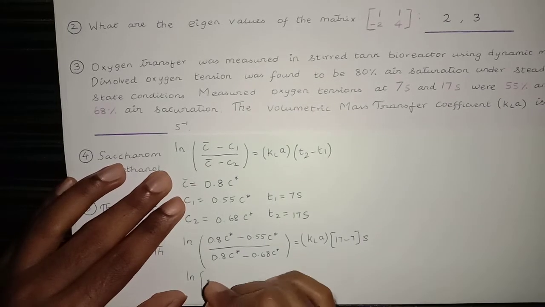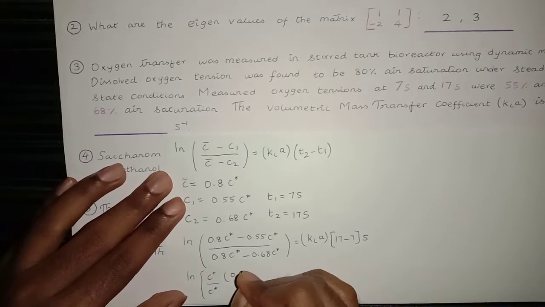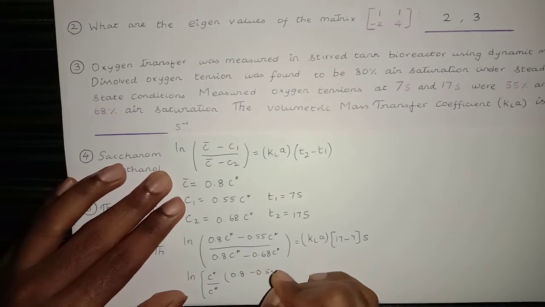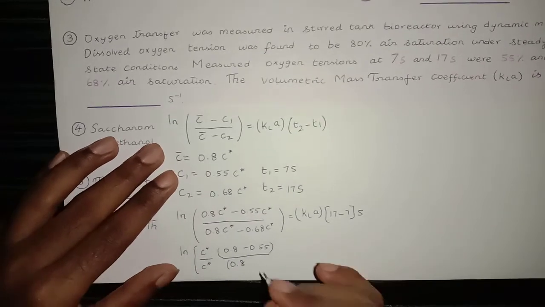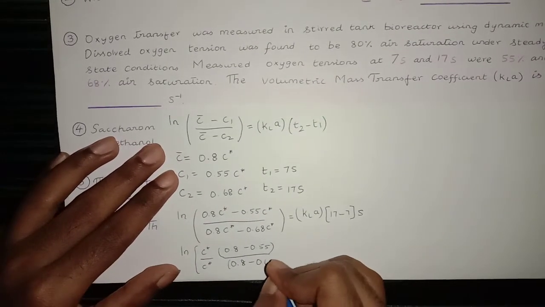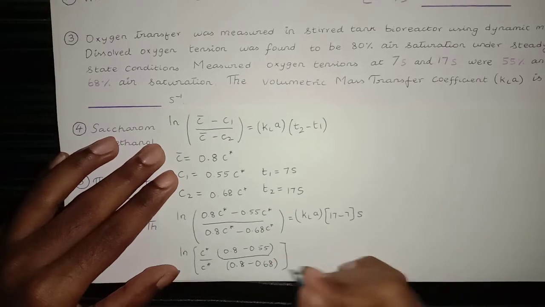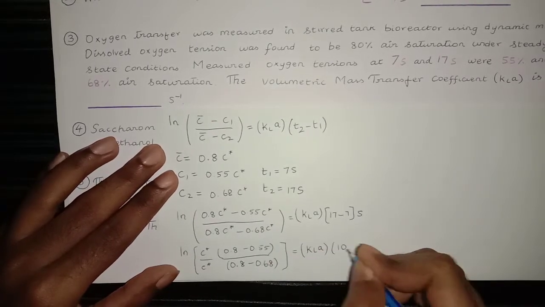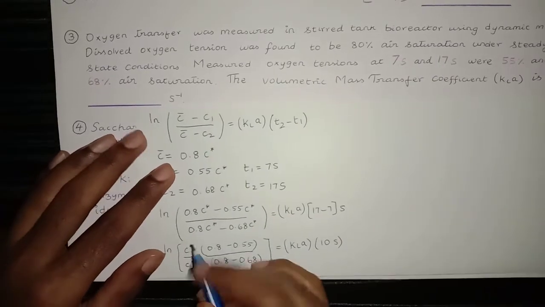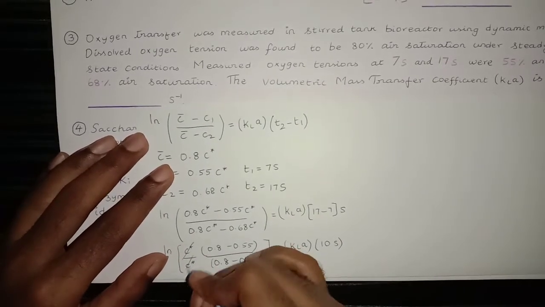Ln of, let's take C star outside, 0.8 minus 0.55 divided by 0.8 minus 0.68 is equal to KLA times 10 seconds. C star gets cancelled out.